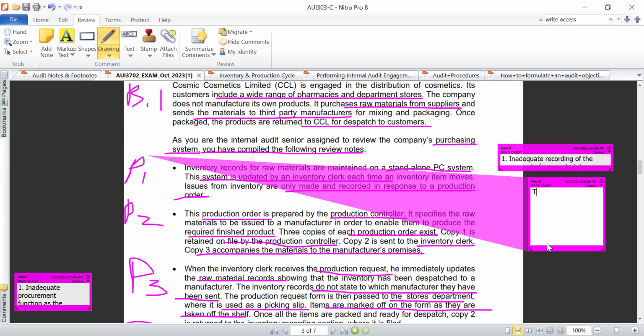So the first one from here is to ensure that the production of goods have been appropriately authorized.